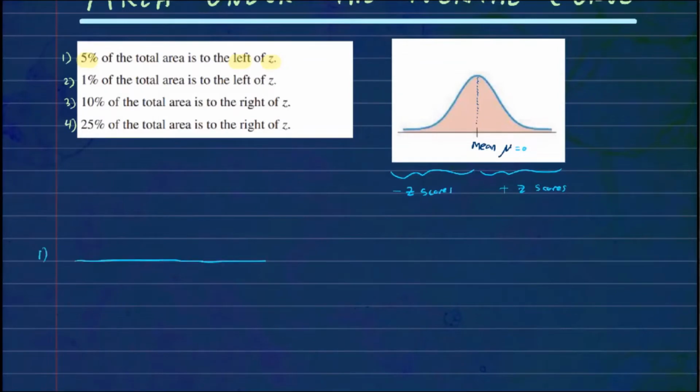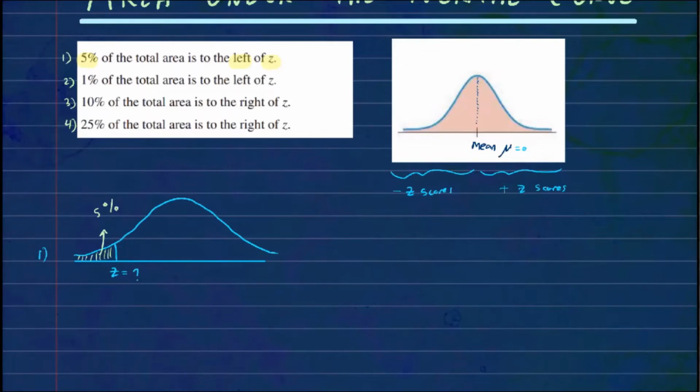Here's the normal curve. 5% is very small. Let's suppose we're looking for this z right here, the z that corresponds to this area. This is the 5% to the left of that z. When you read the table, you will get the actual z value we're looking for.